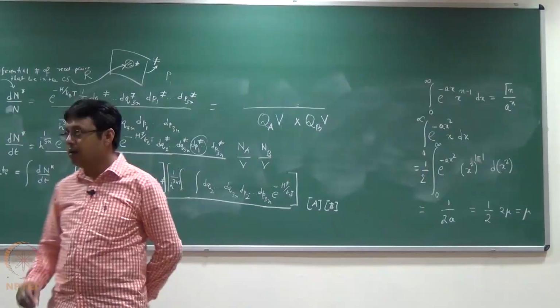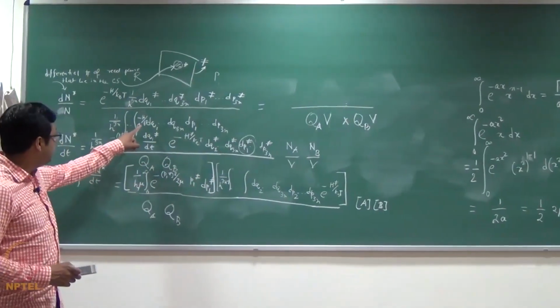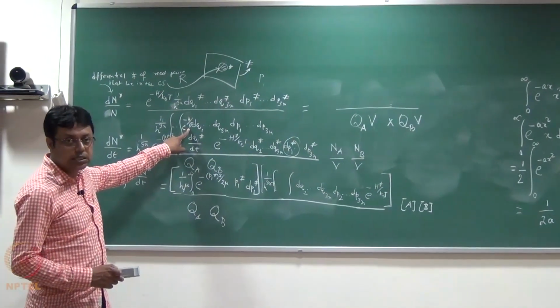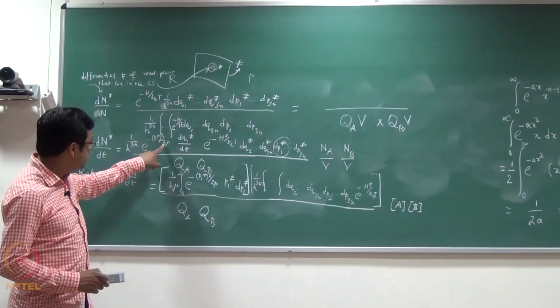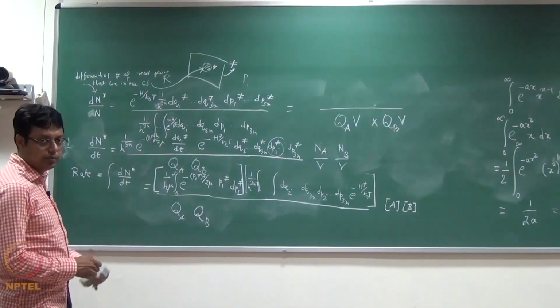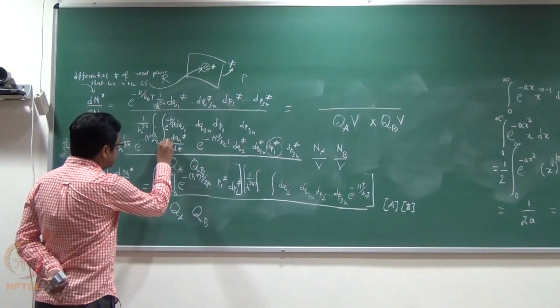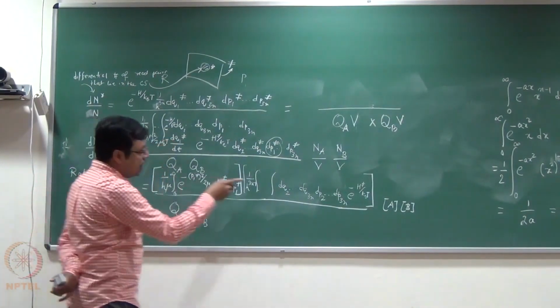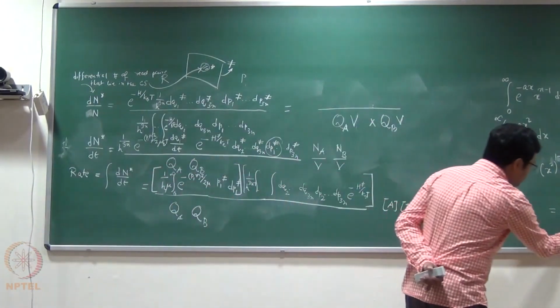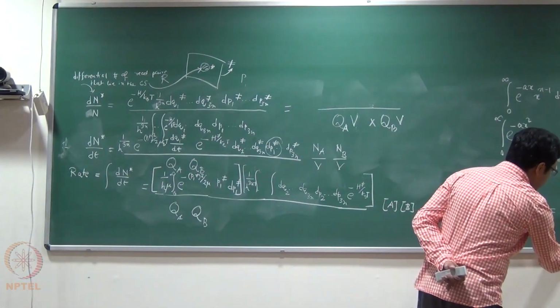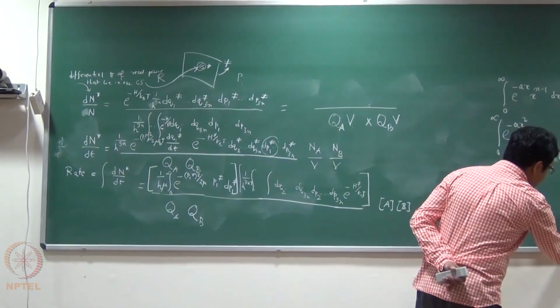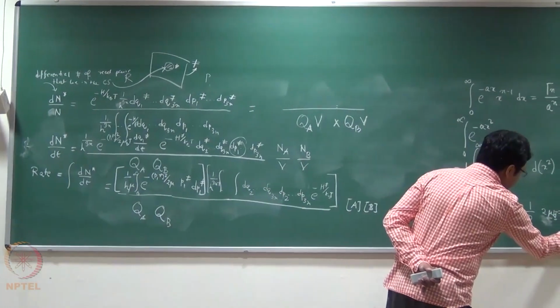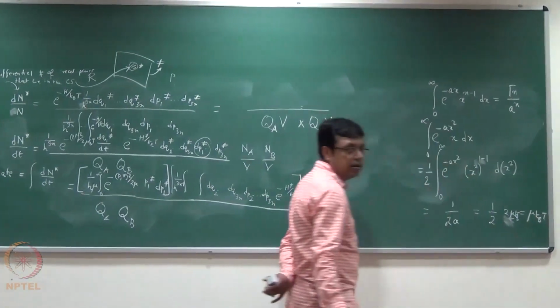We did a mistake here. We wrote the Hamiltonian, but we did not write the cavity. This will be p square by twice mu cavity. So the A here is twice mu cavity. This is basically mu cavity. Clear?